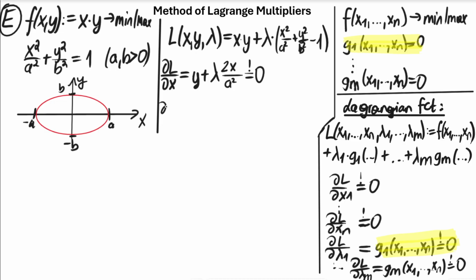Next one is x plus lambda times, but now we have instead 2y divided by b squared if you differentiate using the power rule. So 2y divided by b squared, nothing else contains a y value. And we also need the third partial derivative with respect to the introduced parameter lambda. In this case it is just the equation of the ellipse.